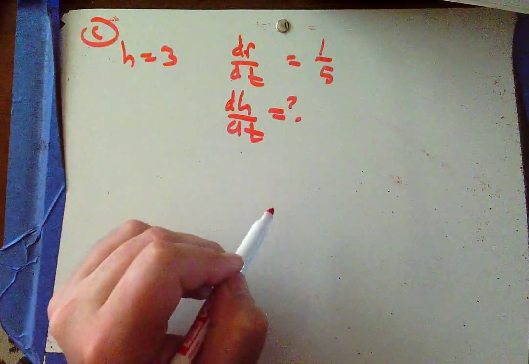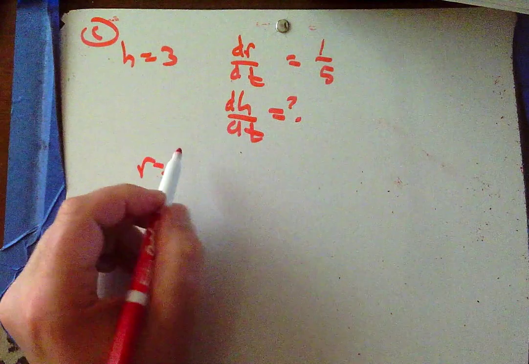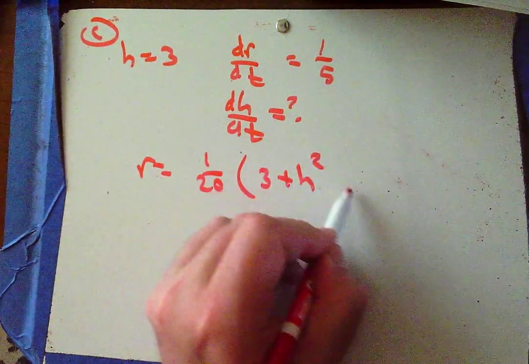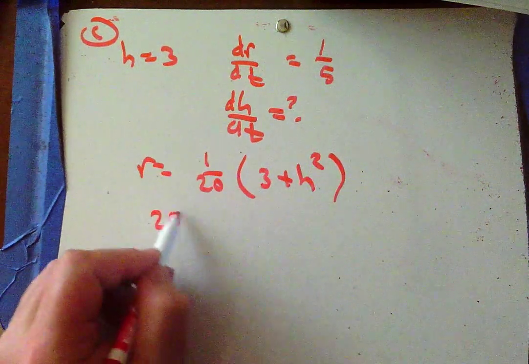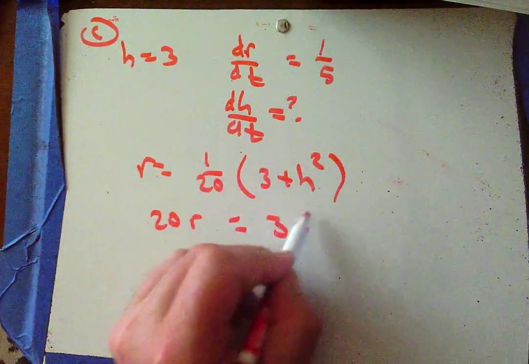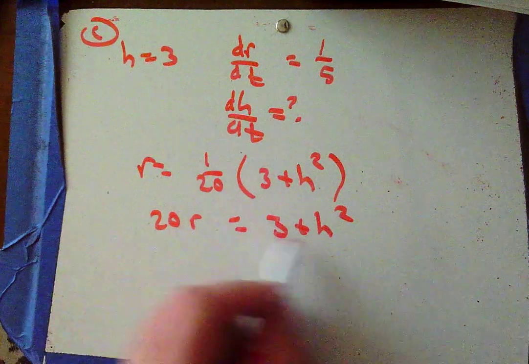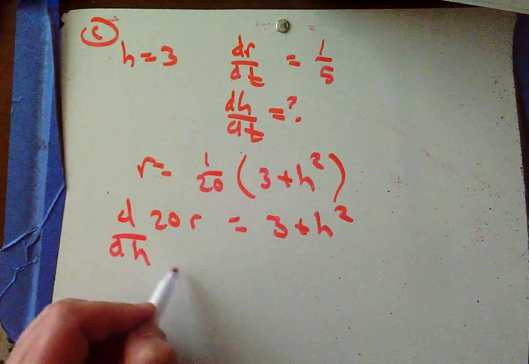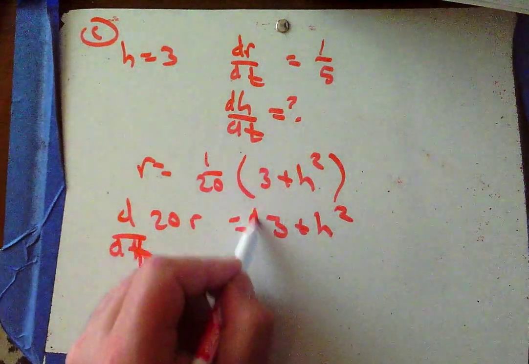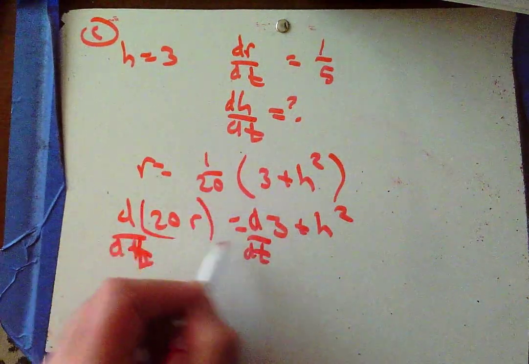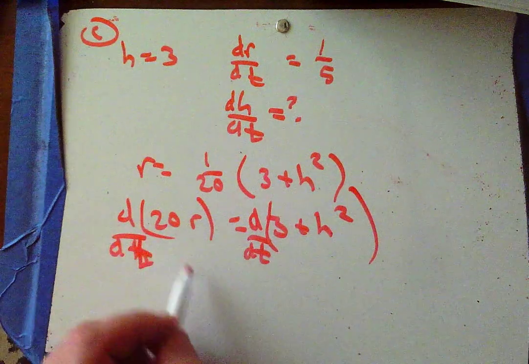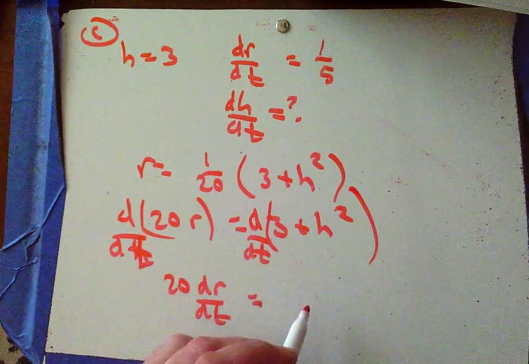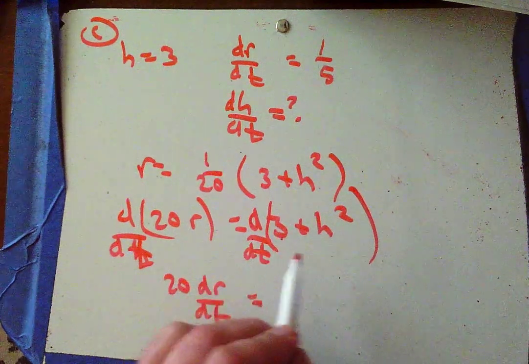Okay, well, let's see what we've got. We know radius is equal to 1/20 (3 plus h squared), or 20r equals 3 plus h squared. Now, if I take the derivative of both sides with respect to time, over here I'm going to get 20 dr/dt equals, the derivative of this is 0.